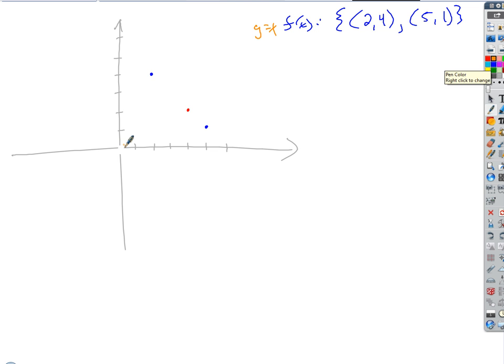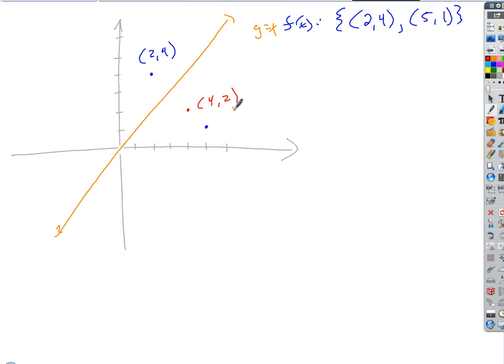So it should be more like that. Okay, how about that? So if this point has coordinates (2, 4), then its inverse has to be the point (4, 2).